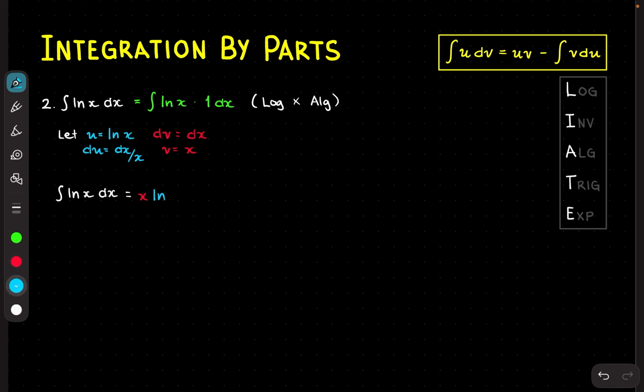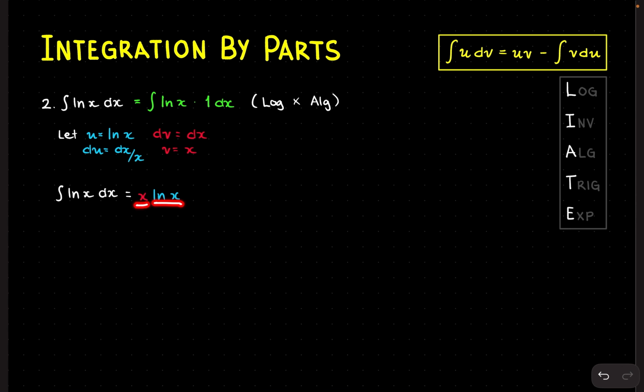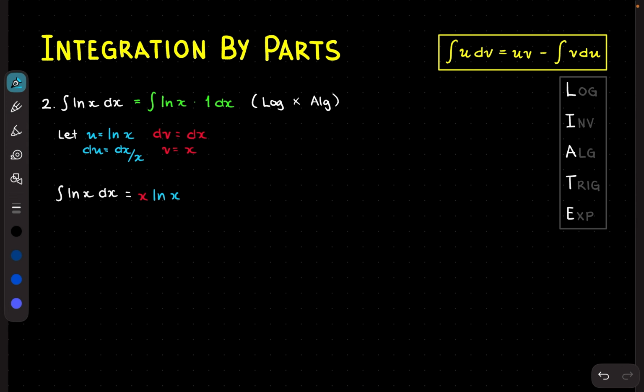Okay, there. ln of x. I just rearranged their position so it would look nicer, but this is u, this is v. So we have uv minus the integral of v du. So v du, we will have x times dx over x.